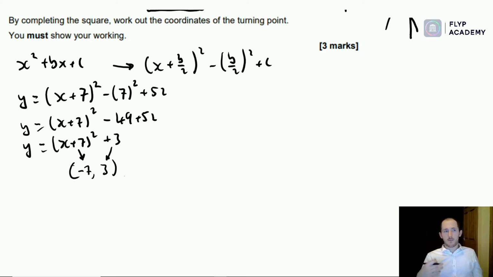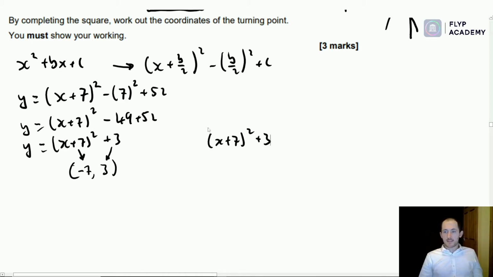Now, for those of you that are a bit more mathematically inclined and you want to know why, what is the smallest thing I can make this equation, right? So let's have a look. If I have x plus 7 squared plus 3, what's the smallest thing I can make it? Well, okay. If this bracket is positive, it's going to be squared, so it becomes bigger, and it adds a positive number. If it's 0, the smallest value is just 3.